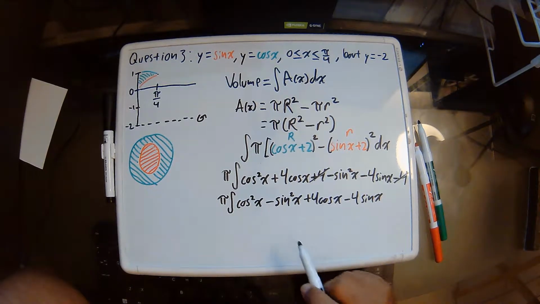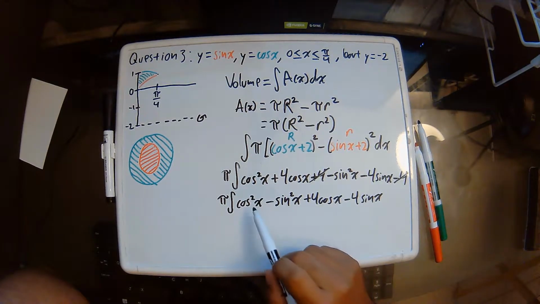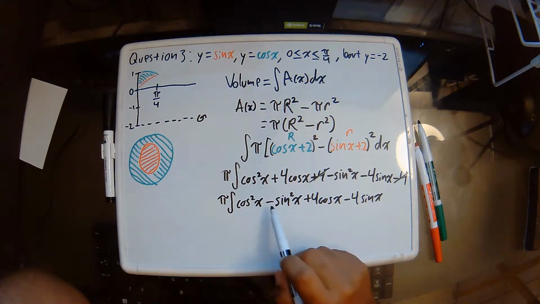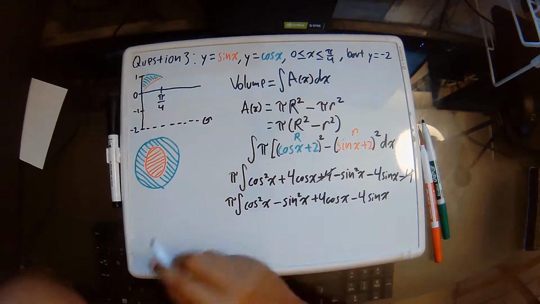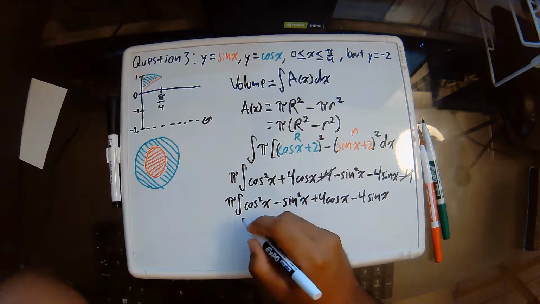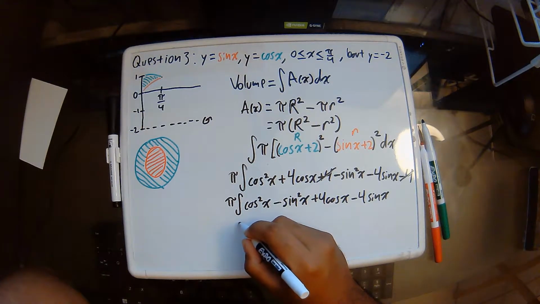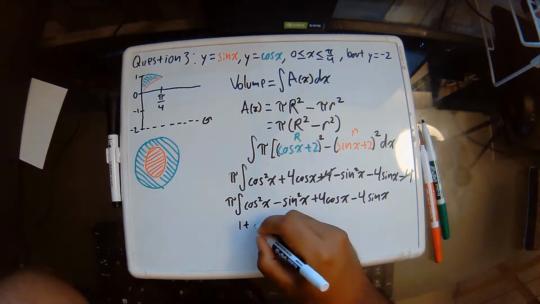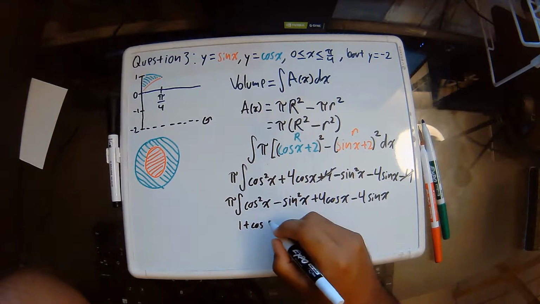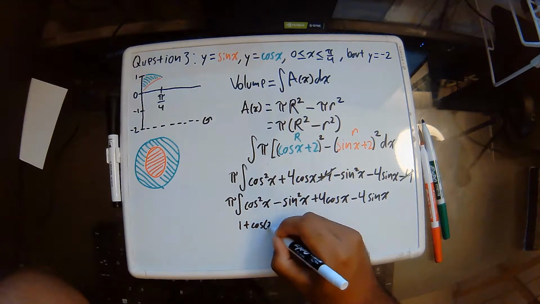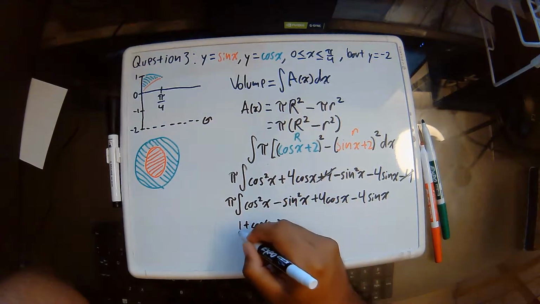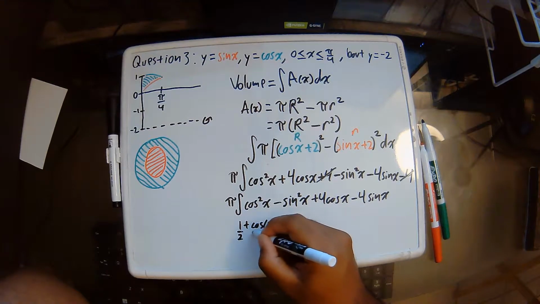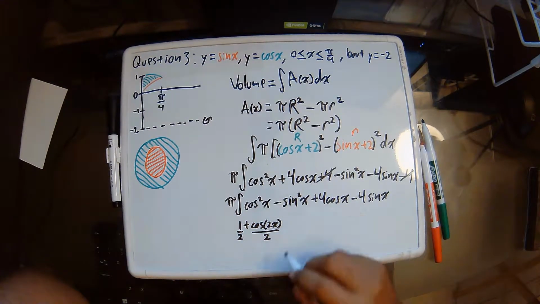Almost. What I'm going to do is reduce these two terms' powers. We can do that using the formula for cosine squared, which is 1 plus cosine 2x, all over 2, but I'm going to separate these two terms like that.